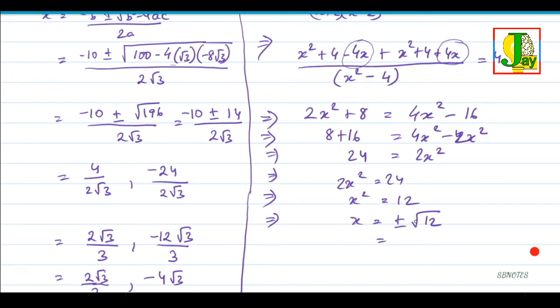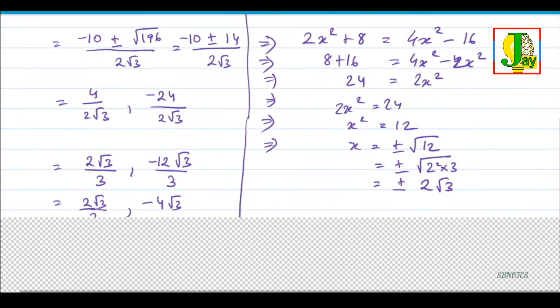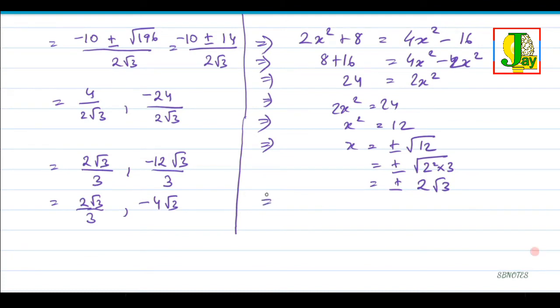Okay, so root over 12, you get 4 into 3, so 4 is 2 square, or let me write it, root of 2 square into 3, so what you get is plus minus 2 root 3. So what are the two solutions? We have x equals plus 2 root 3, we don't have to write plus, and minus 2 root 3. So those are the two solutions.